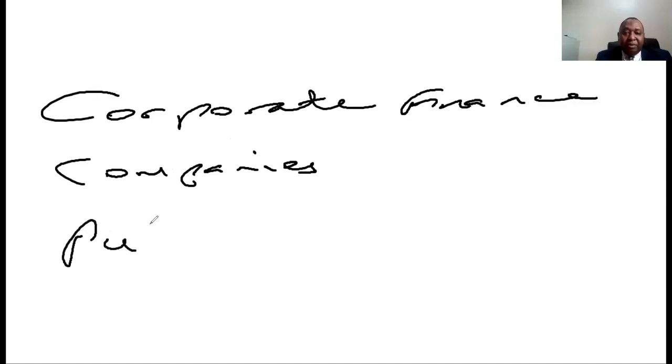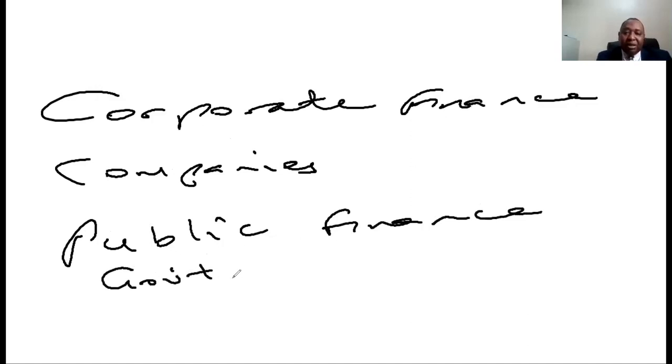And then we have public finance. Here is how the government generates funds and how the government allocates those funds. As a public, how do governments generate funds? And most of us know that the main sources of funds for the government are taxes.